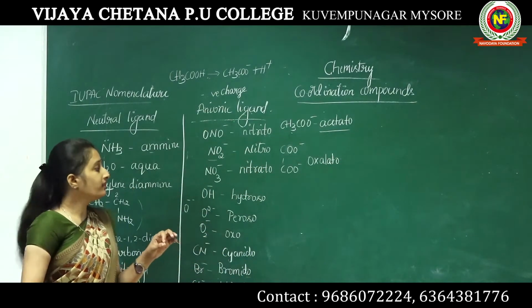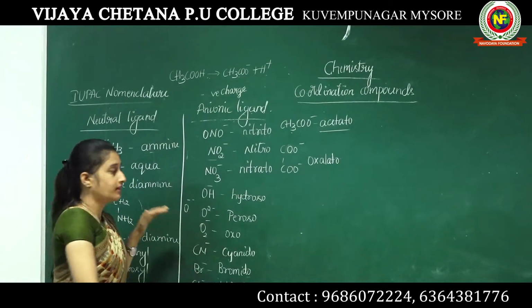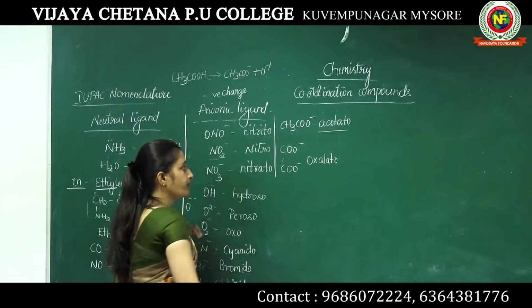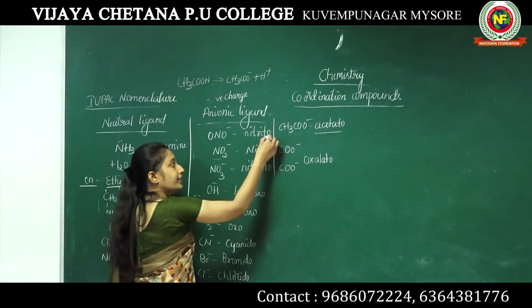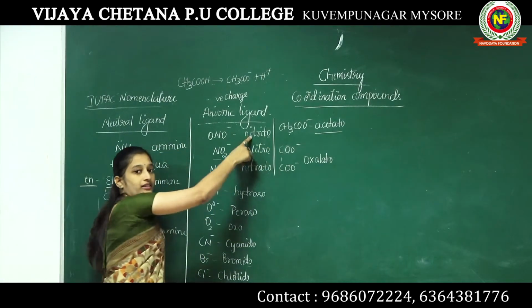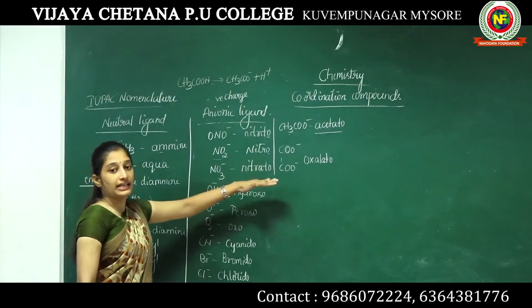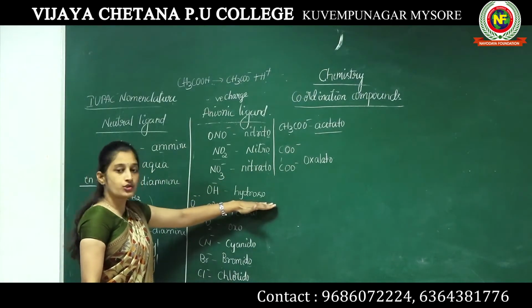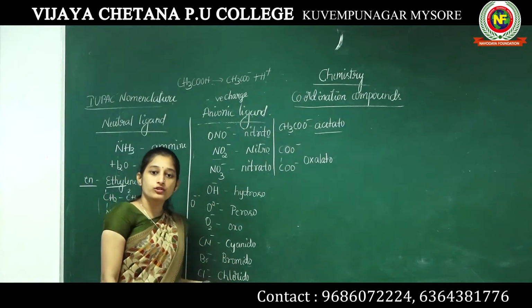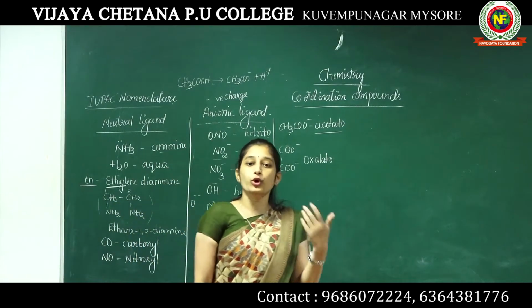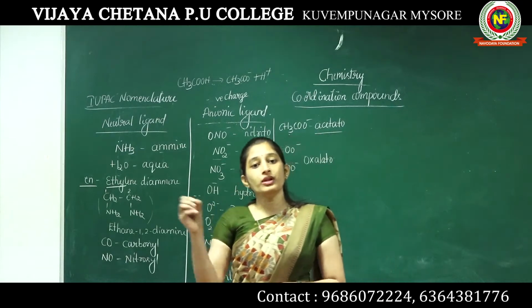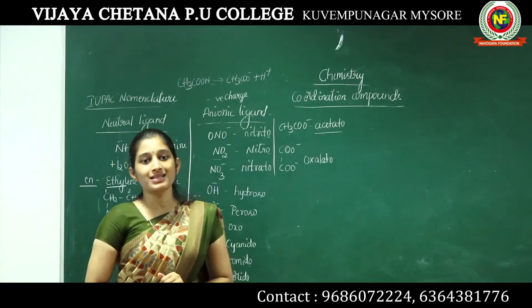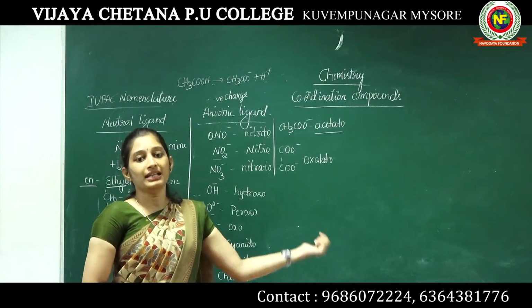Just observe one thing in all the cases: the name ends with O. Nitrito, nitro, nitrato, hydroxo, oxo, peroxo, cyanido, bromido. In all the cases, the name ends with O. It indicates species carrying negative charge.